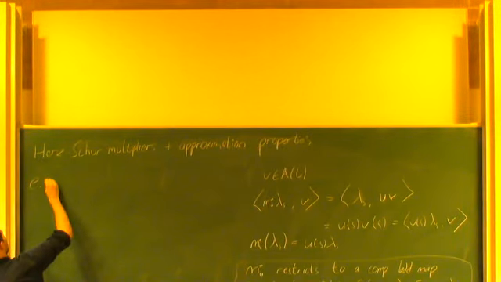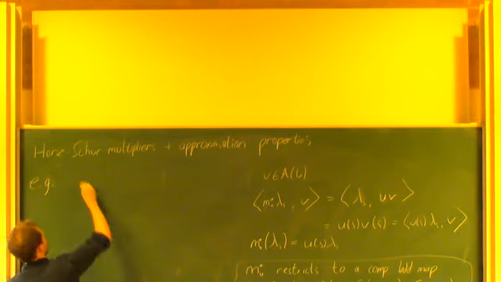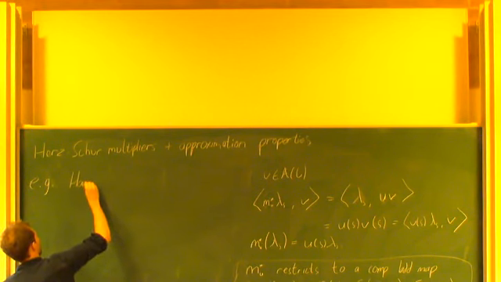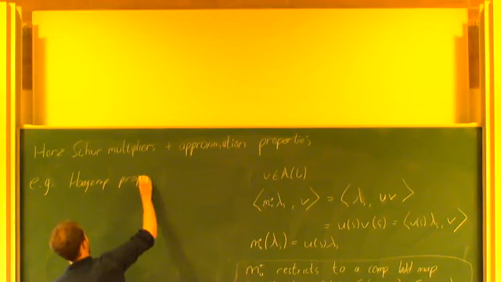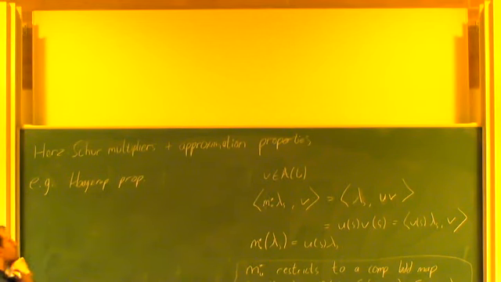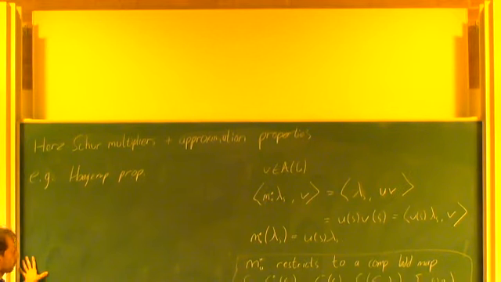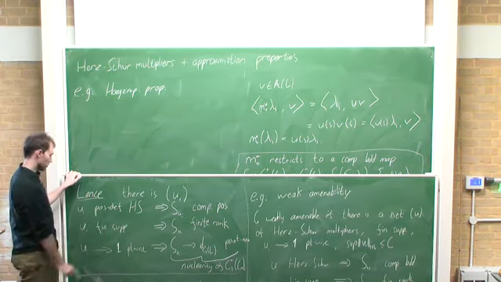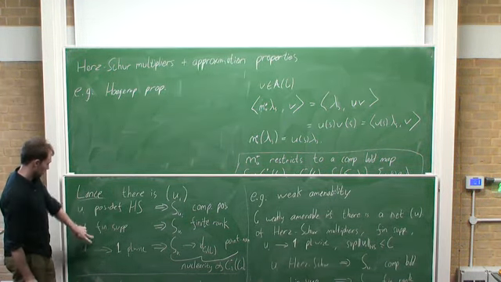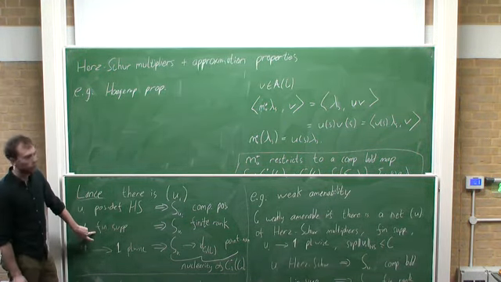Another example is the Haagerup property, where this time you keep positive definiteness, but you ask that the functions be vanishing at infinity.